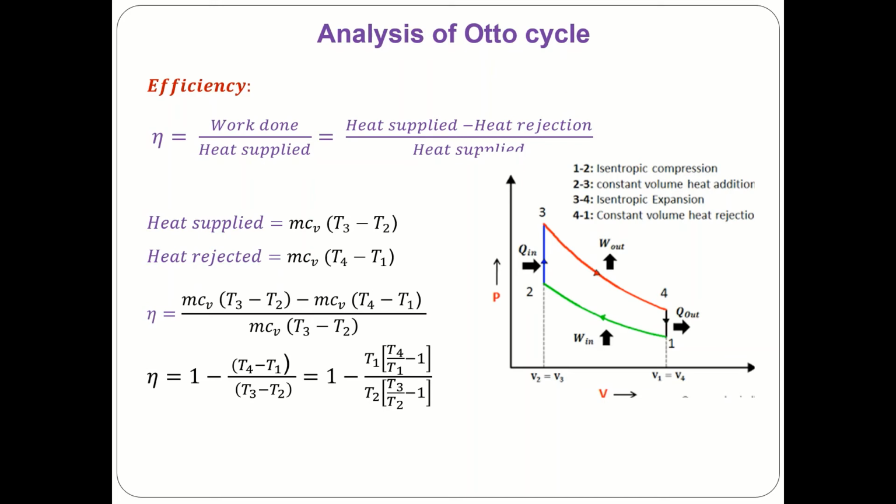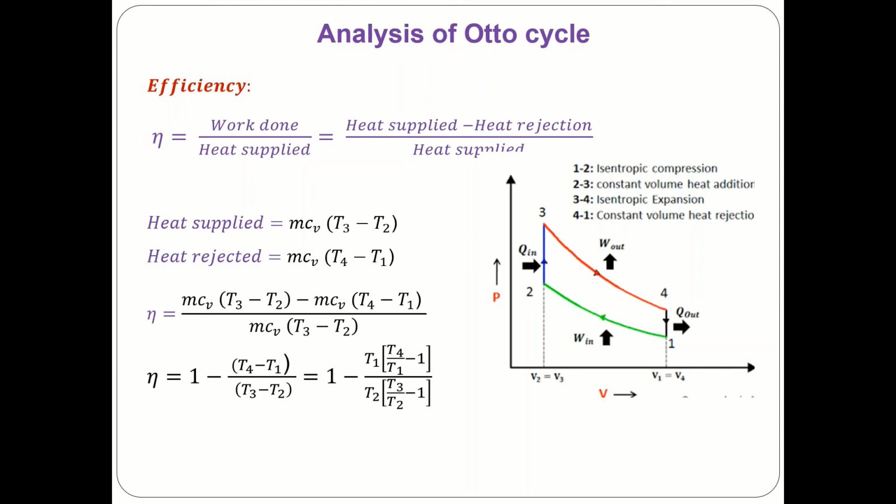So the work done in this case will be the total heat supplied minus heat rejected. That heat which remains is the heat which is converted to work. So heat supplied minus heat rejected gives us the work done, divided by heat supplied gives us the efficiency.